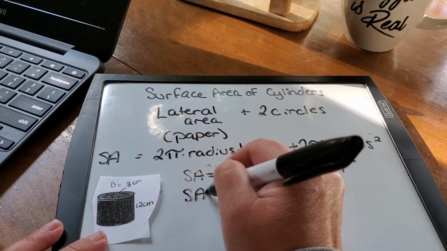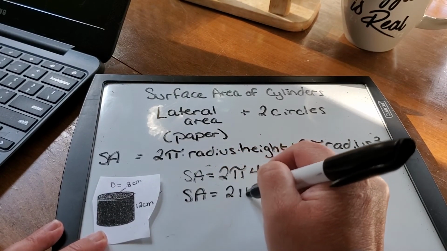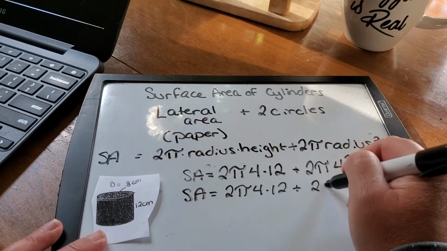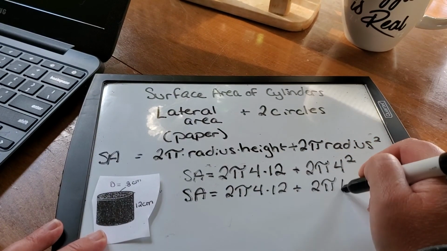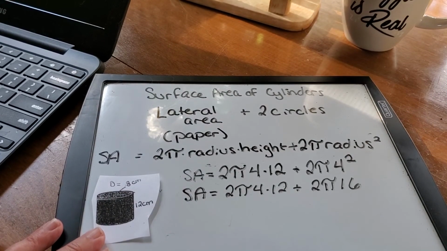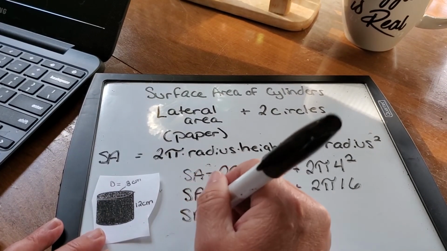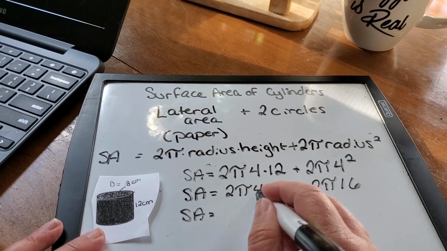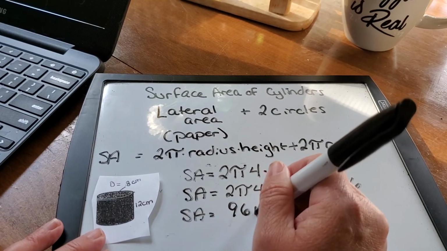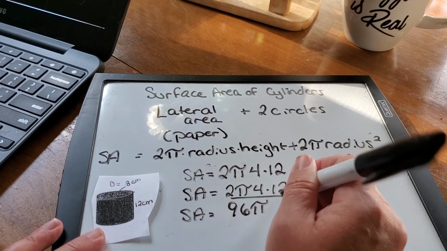Exponents before multiplication. So I have 2 times pi times 4 times 12 plus 2 times pi times 4 squared, which is 16. Now we multiply. Multiplication before addition. So 2 times 4 is 8 times 12 is 96. This whole thing right here is 96 pi.